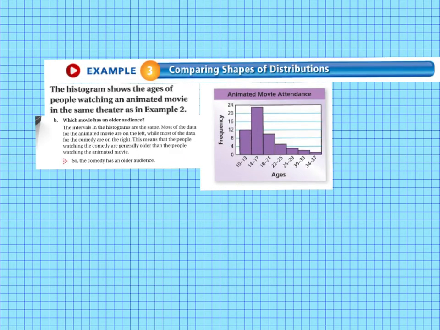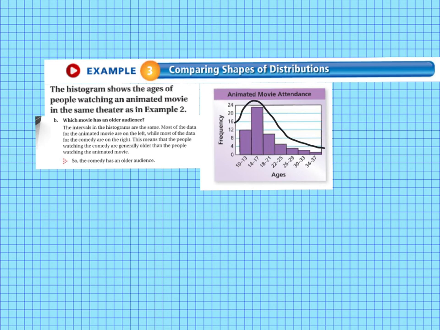And now let's look at example 3B. We're still looking at that same animated movie attendance that we looked at in 3A, and it just asks us which movie has an older audience. And it says the intervals in the histograms are the same. Most of the data for the animated movie are on the left.